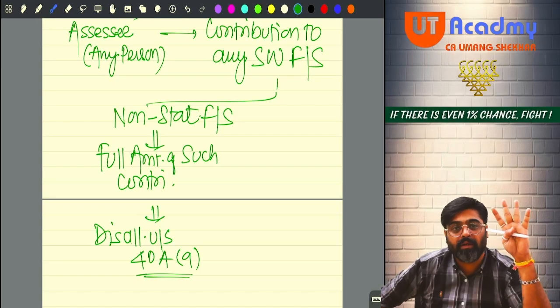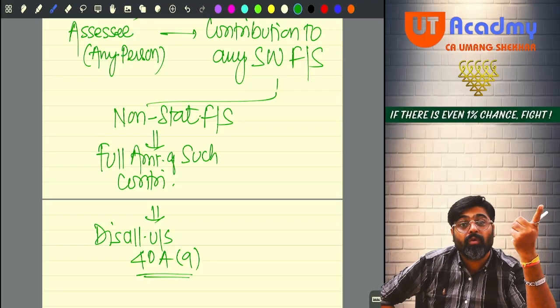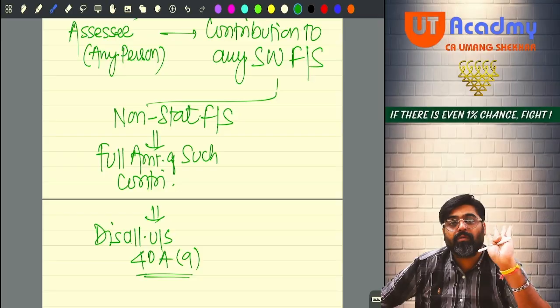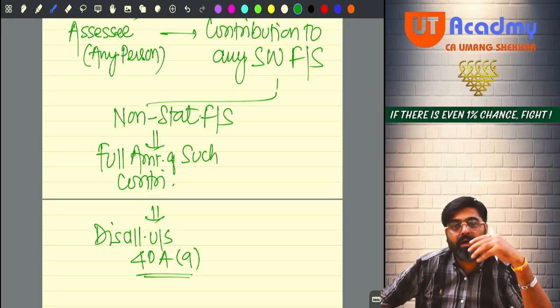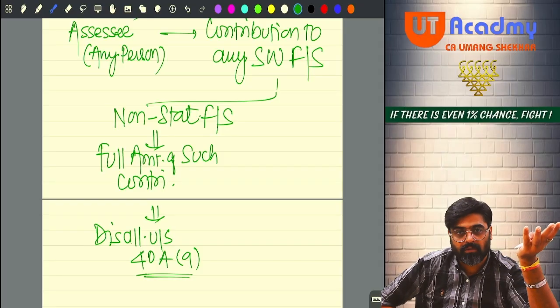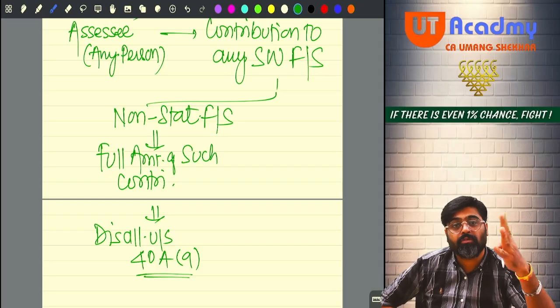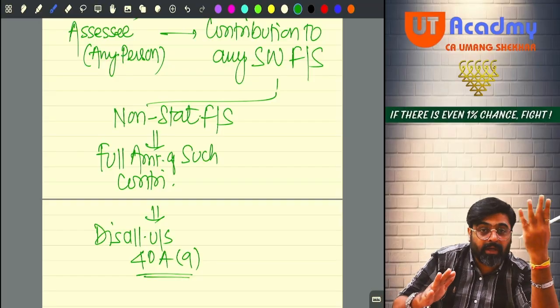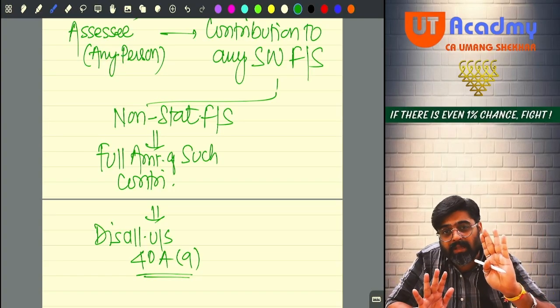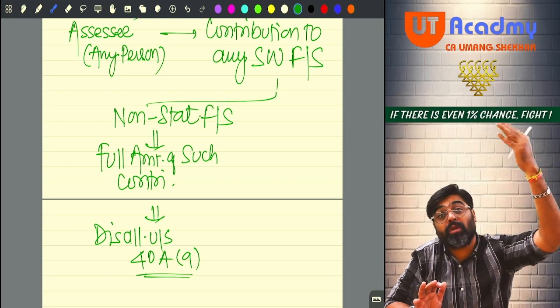So any fund, any scheme which was made for the welfare of the staff, meaning PF is there, ESIC is there, yes or no? Many funds. But there are certain funds or schemes which are required to be maintained by the employer as per a statutory requirement.